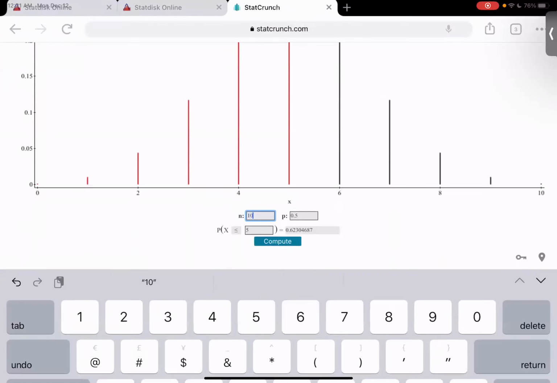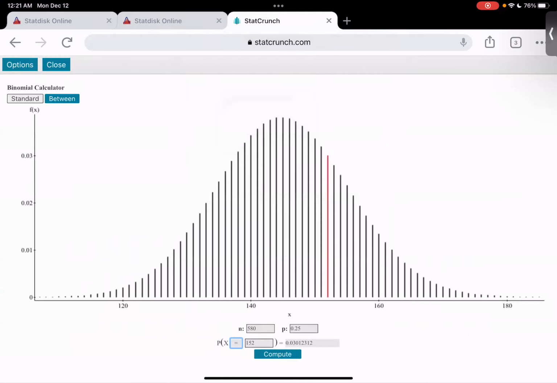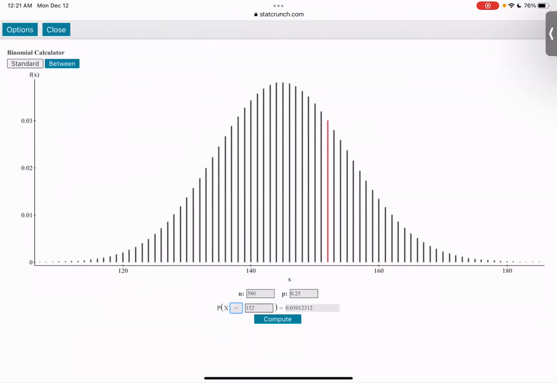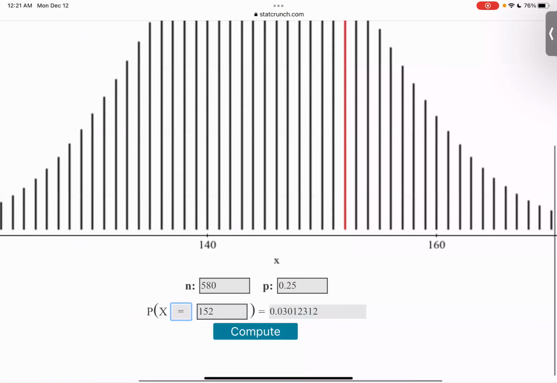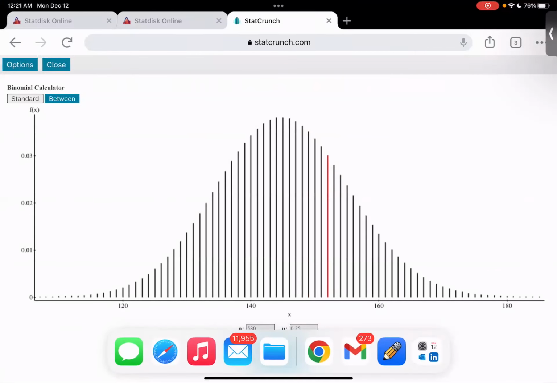And then write n equal to 580, and the probability equal 0.25, and we have 152, and this is equal to, right? So this probability will be what? Let me write it down here. 0.0301.